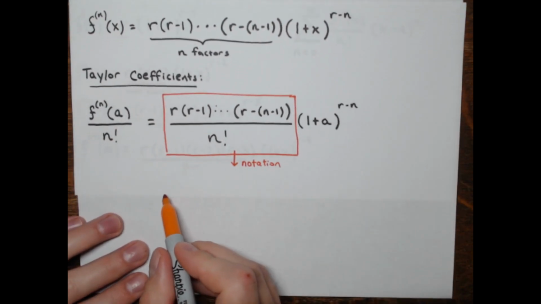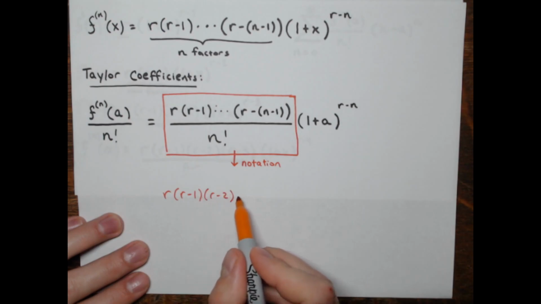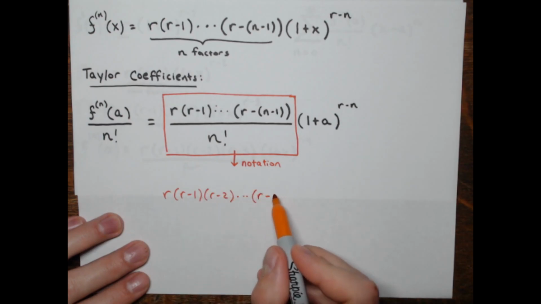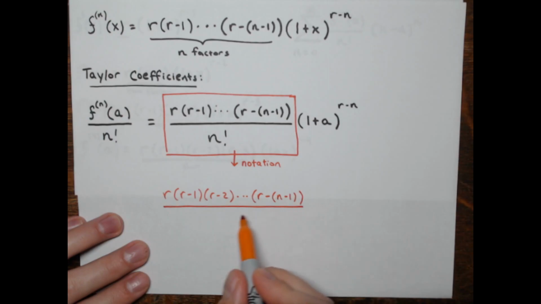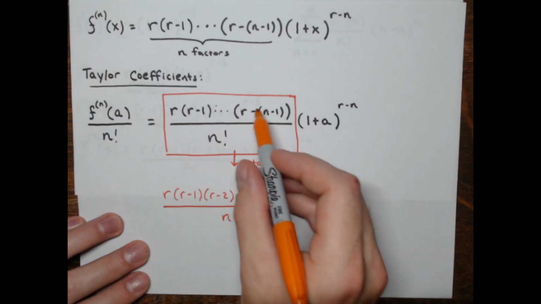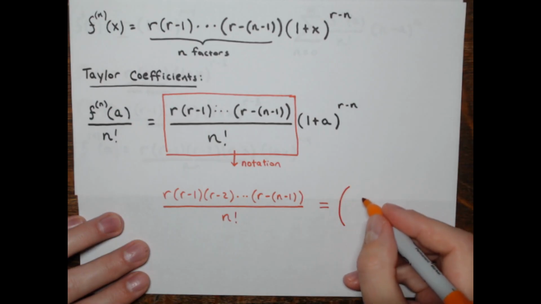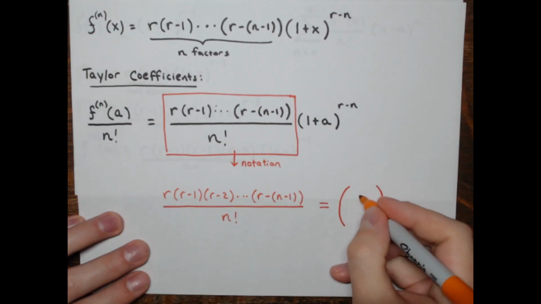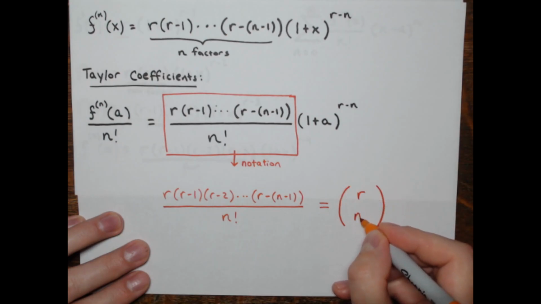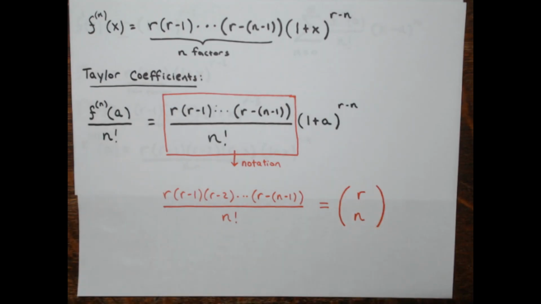This r times r minus 1 times r minus 2, all the way down to r minus the quantity n minus 1, divided by n factorial, this expression I've got in the box here, they're going to write this notation to represent that whole expression. So a big set of parentheses, and then r on top, n on bottom. Don't put a fraction bar. This is not r divided by n.